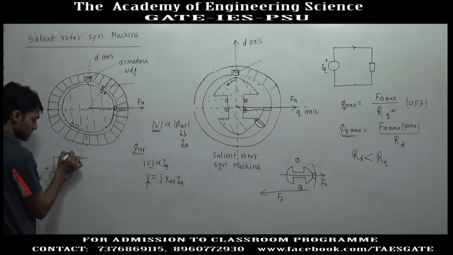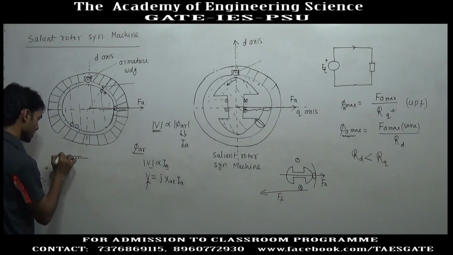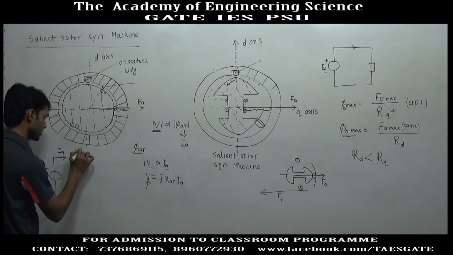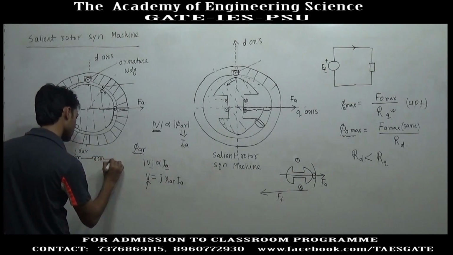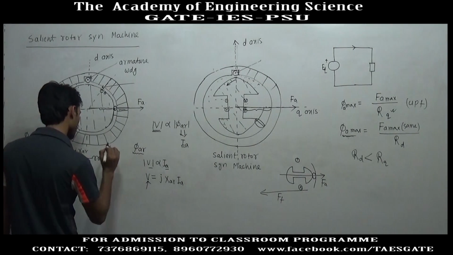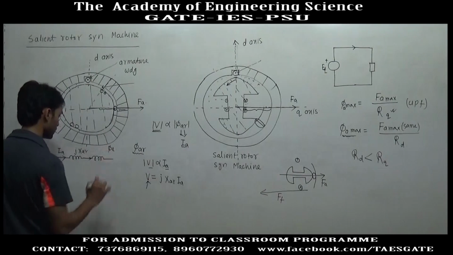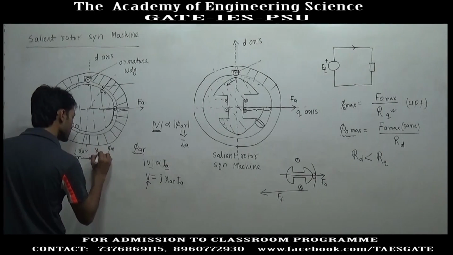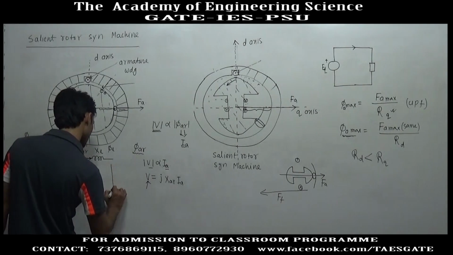So, here we will show a voltage drop since the current is IA. This reactance is JXAR, and there will be some voltage drop due to changing leakage flux, and this is also directly proportional to IA. The same IA will flow in the leakage reactance also, and here we will have the terminal voltage.